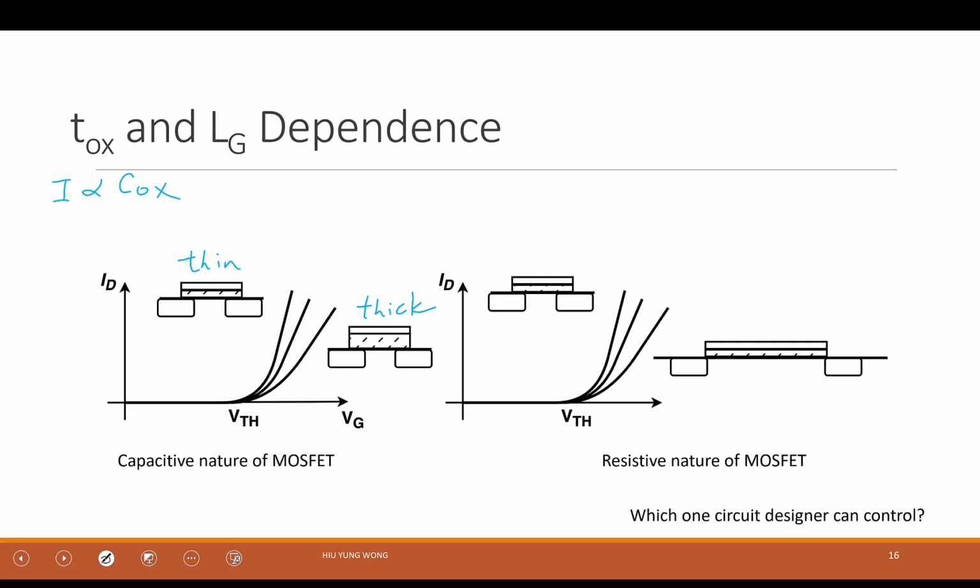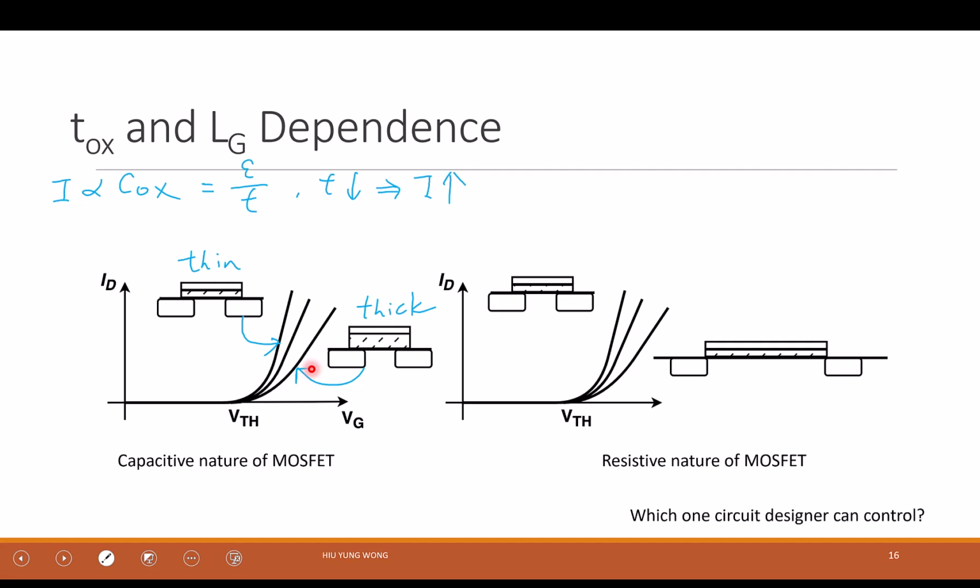And then you just told me that Cox is epsilon divided by T, right? So if I have a thinner gate oxide, I have a larger capacitance, and I have a larger current. So as a result, you know that this curve belongs to thin gate oxide. This curve belongs to the thick gate oxide, right? You don't need any math. You know everything just from your fundamental EE class, right?